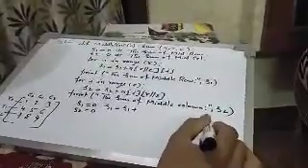For example, if we write 5 upon 2, then the answer will be 2.5, but if we write 5 floor division 2, then the answer will be 2.